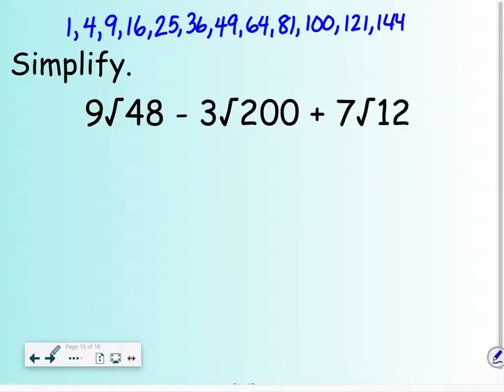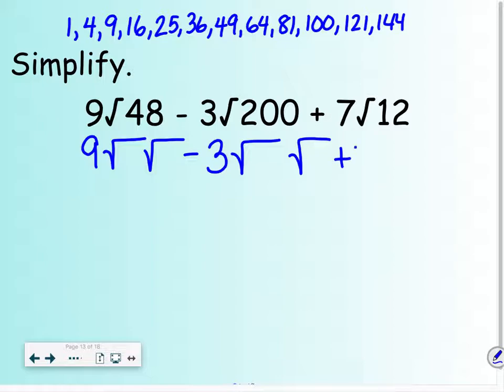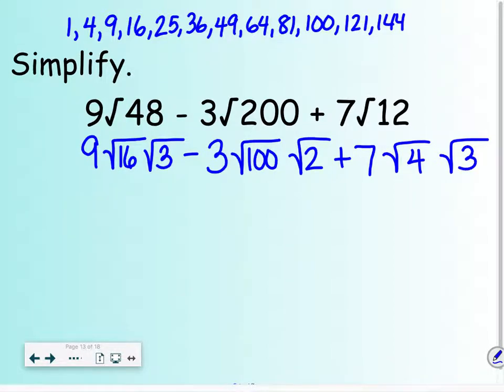One more problem like that. All right, 48 is 16 times 3, 200 is 100 times 2, and 12 is 4 times 3.